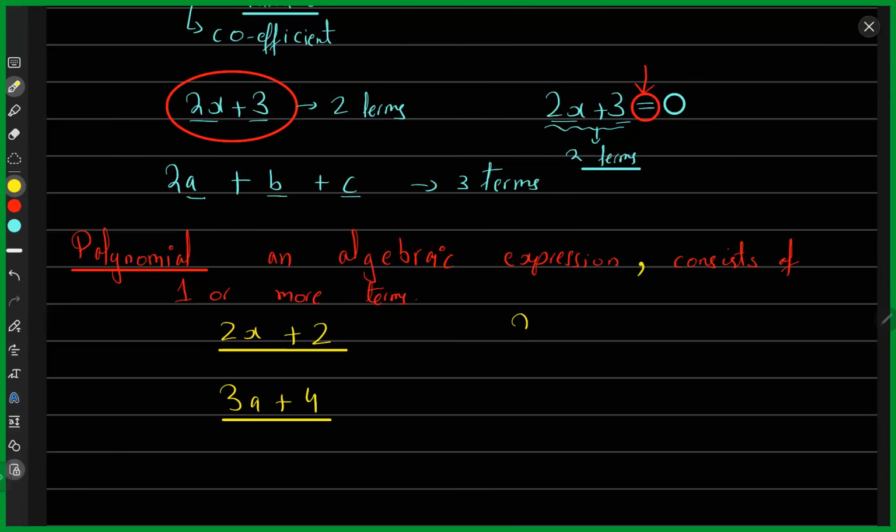If I talk about 2y, even if it has one term, it would still be a polynomial. And 3a squared plus a plus 1 is also a polynomial. So a polynomial is just an algebraic expression that has one or more terms. That is it. Okay. So this is just a random idea about some contents that I am pretty sure most of you would be knowing.